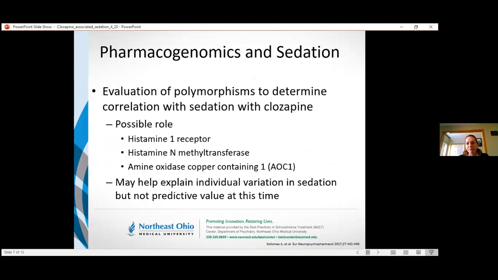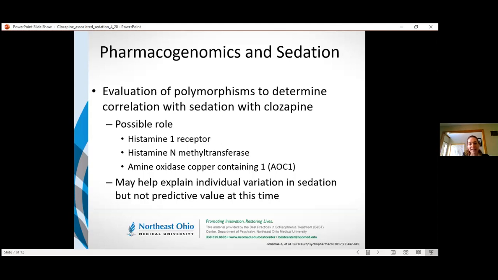The specific polymorphisms that they were looking at were a polymorphism in the histamine 1 receptor, which shouldn't be too much of a surprise. If that's either less sensitive or potentially easier to be turned off, or it's not really activating those other secondary messengers, then maybe we're not going to see quite as much alertness and wakefulness, and that would increase the risk for sedation.